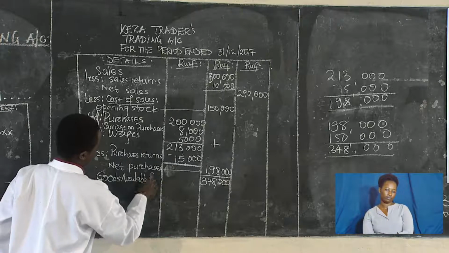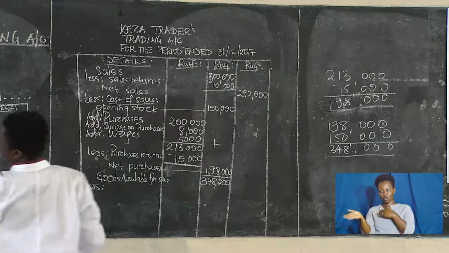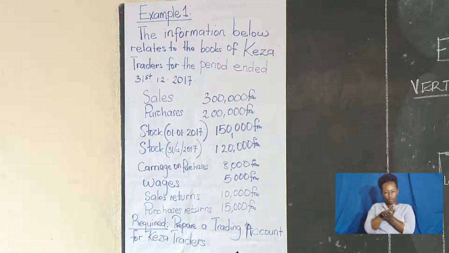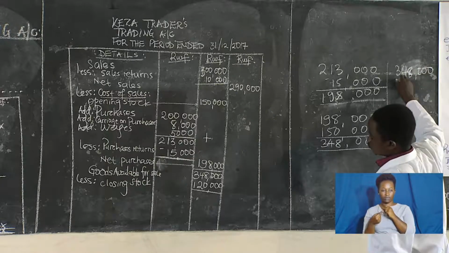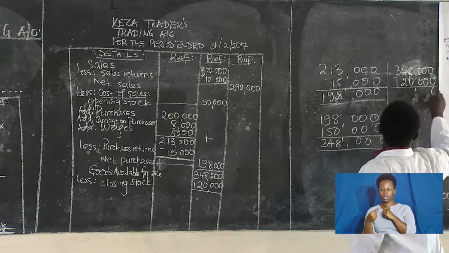Goods available for sale. Then from goods available for sale, you subtract closing stock. We have closing stock, 120,000. So when you subtract 120,000 from 348,000, see our cost of sales.